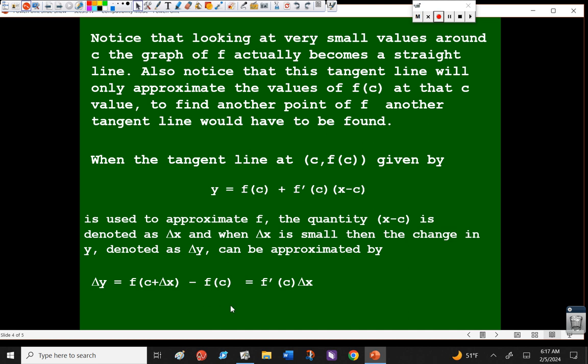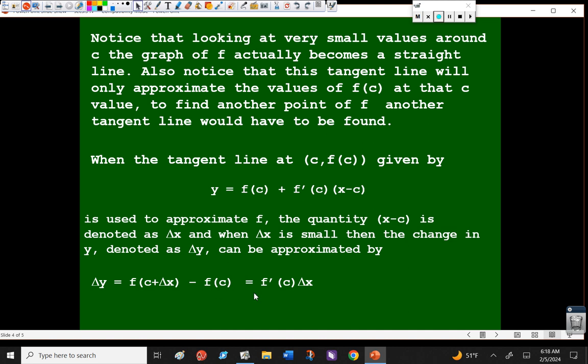Now, this is really funny because I've been teaching calculus for a while, and I look at this and think, hey, this is just the definition of derivative. If I were to divide both sides by delta x, I would have f at c plus delta x minus f at c over delta x, and that's the definition of the derivative.